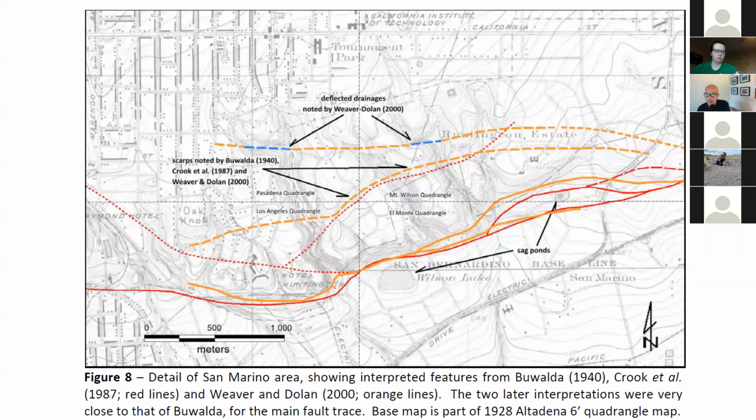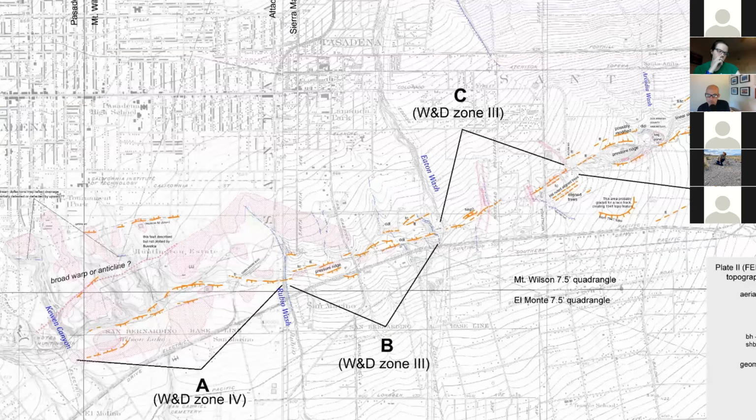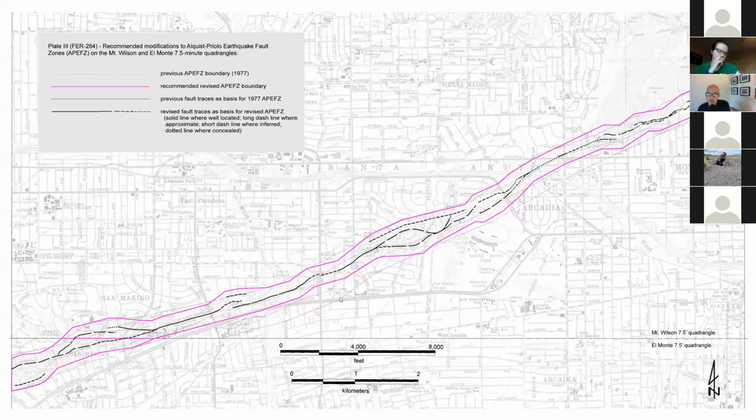So let's just look at these. What's kind of cool is for you guys to appreciate what you're contributing, where the real hard work in making this map is one step: what are the observations? And so these are the observations. And then as we go ahead, this would be the inferred fault traces.